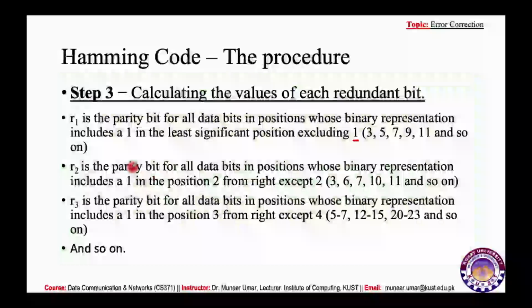Then for R2, the parity bit for all data bits in positions whose binary representation includes a 1 in the second position from the right, except 2. 2 is actually for R2. Then we have 3, 6, 7, 10, 11, and so on.